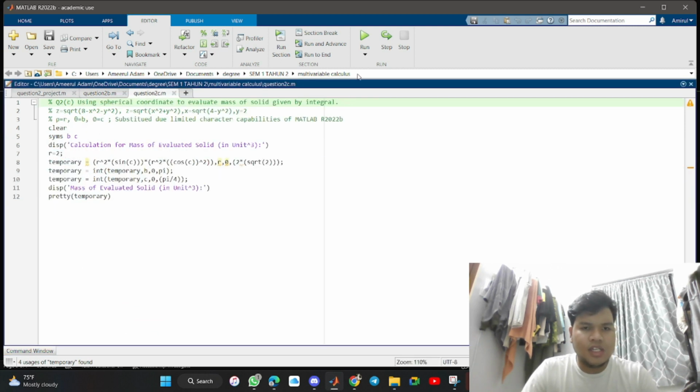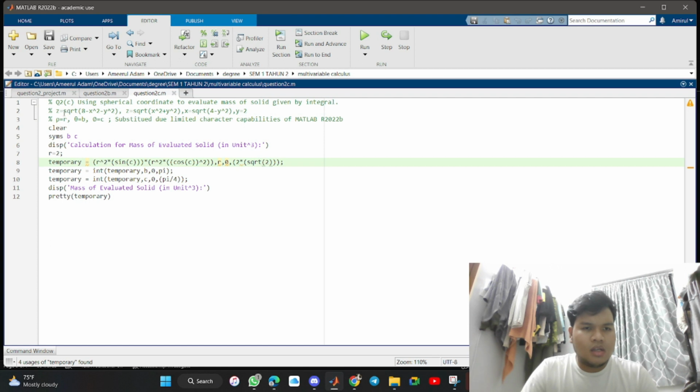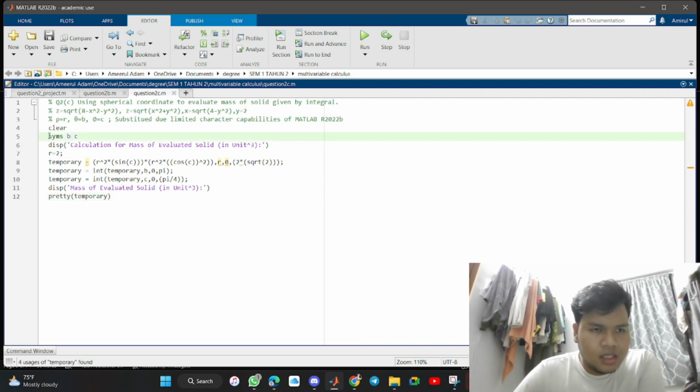So for the next one, question C, I put the equation here and substitute the limits in MATLAB, because MATLAB reads them specifically, so we need to write the engineering symbol clearly.